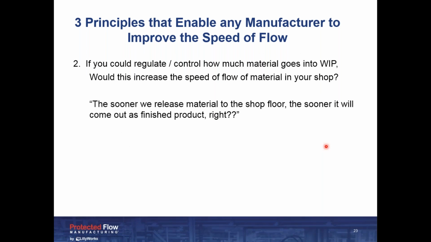The second is, if we can control how much we're sending out into work in process, would this increase the speed of flow of material in the shop? Okay, we often see shops where there's this kind of quote unquote intuitive idea, right? The sooner we get material out there, the sooner it's going to come out as finished product, right? Well, not exactly.